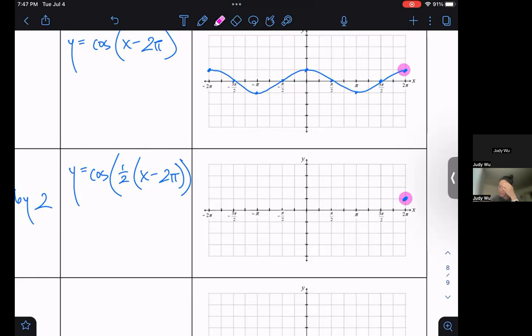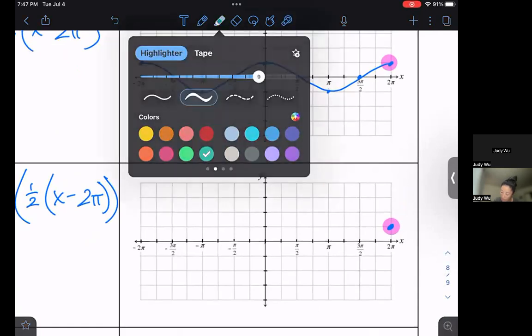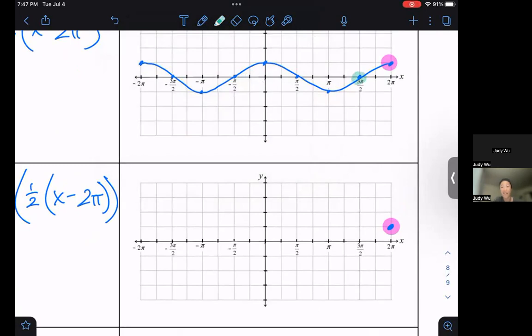So we're not squeezing in, but we're making them further apart, right? So that means that this point is not going to be 2 boxes away from the pink one. Now it's going to be 4 boxes away. And we keep stretching and stretching and stretching. And we actually end up with a really long wave. One might even say that this has a wavelength of 4 pi instead of 2 pi.